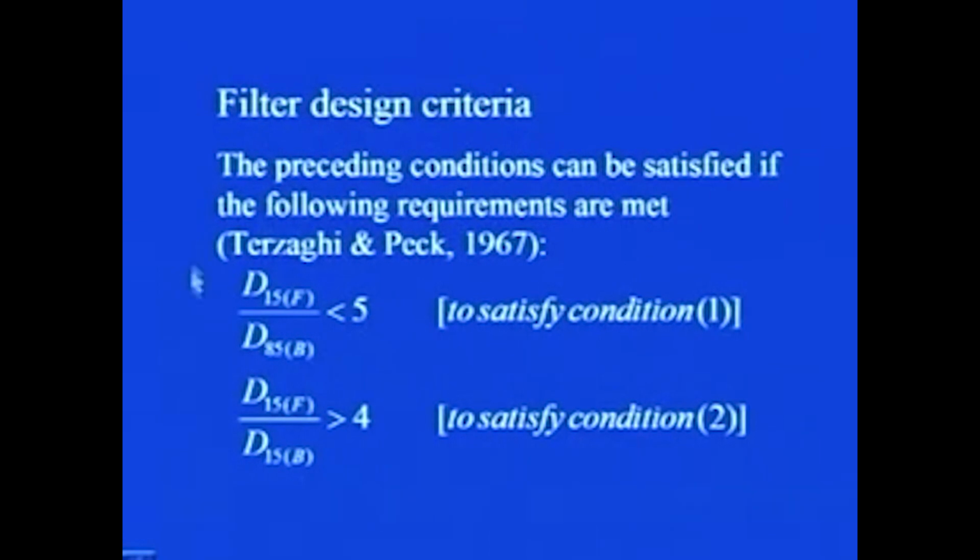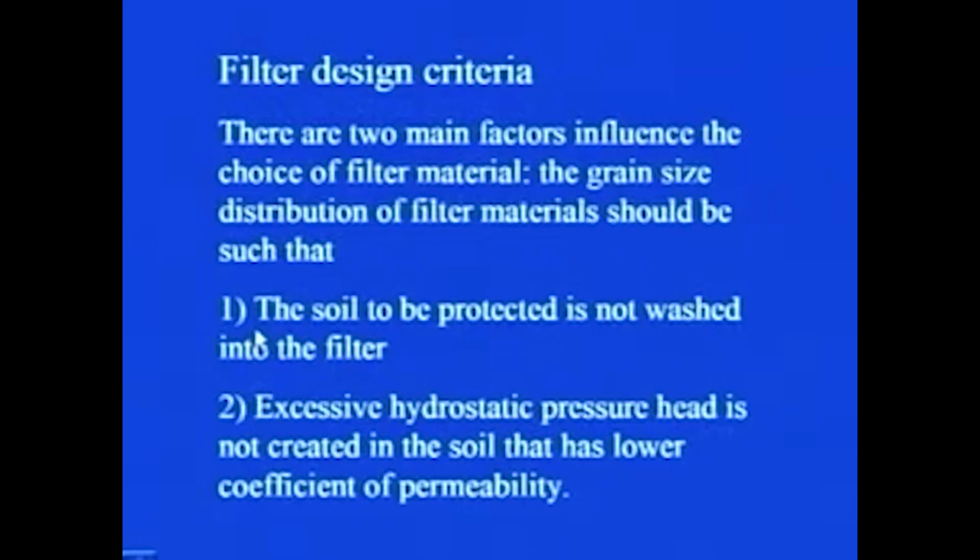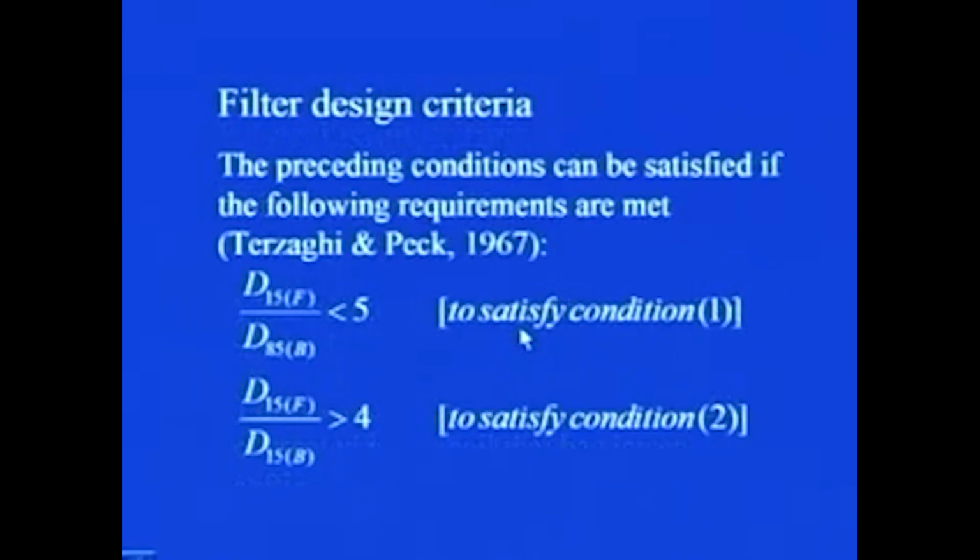So, in case D15 of F, where F stands for filter and B stands for backfill material, D15 of filter divided by D15 of B should be less than 5. If this condition is satisfied, that means that the soil which is to be protected is not getting washed into the filter.